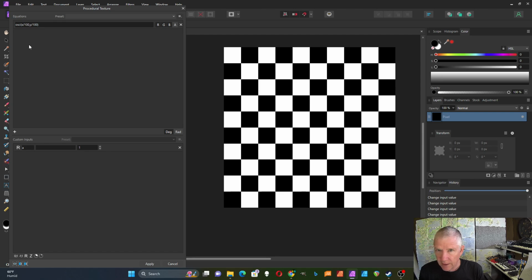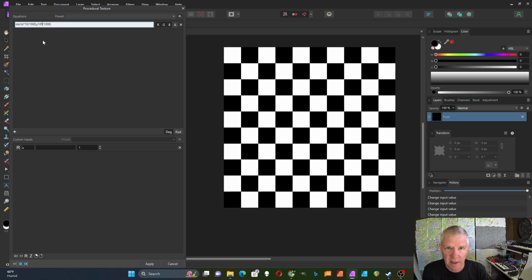Okay. Now if I divide by W, I just have one big square. But if I take, let's say I divide by 1000, but multiply by 10. So that's sort of the same as what I had before, right?